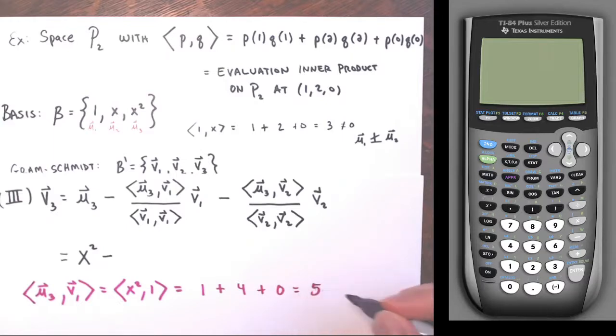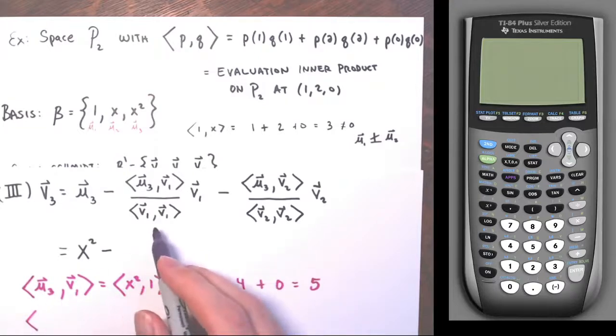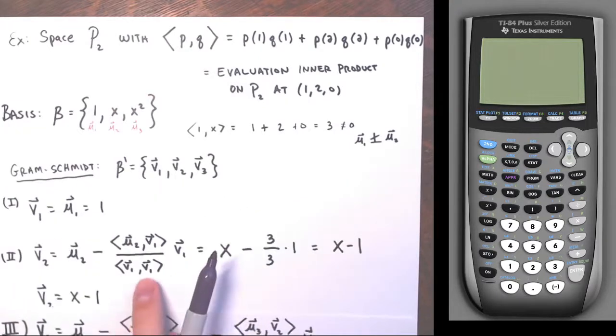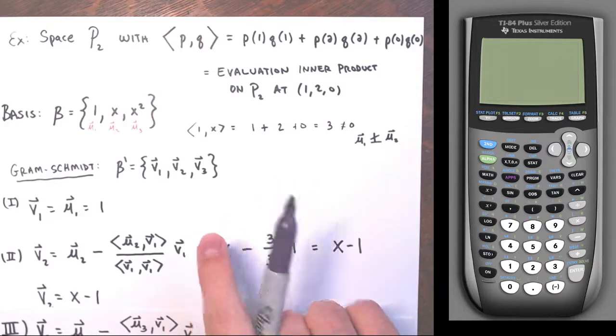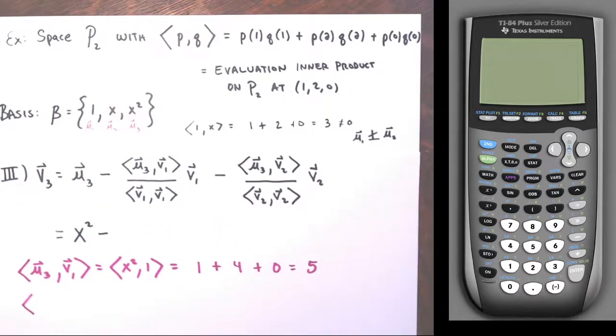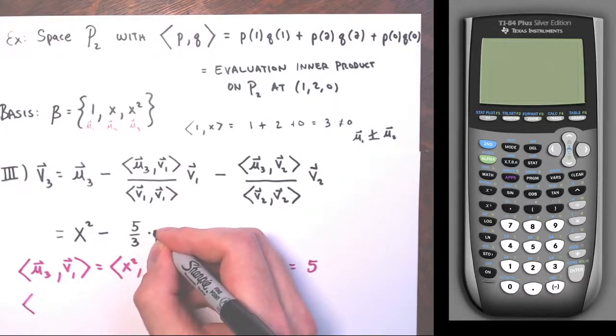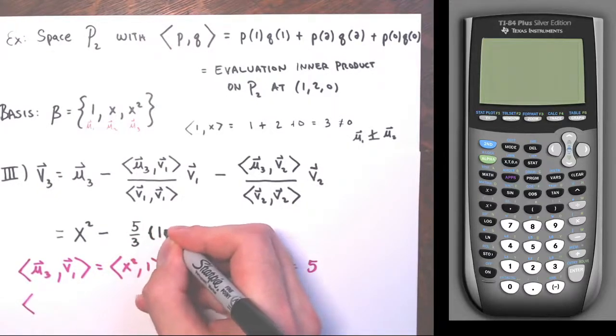So that's 5. And then what's the inner product of, now we already did v1 with v1. v1 with v1 was 3. So 5/3, minus 5/3 times v1, times 1. I'll put a dot, times 1.